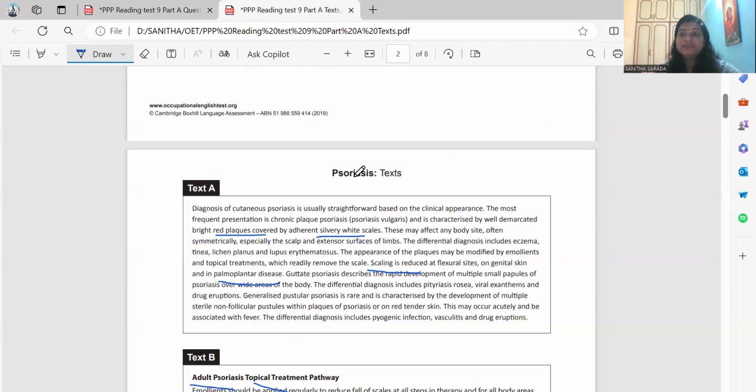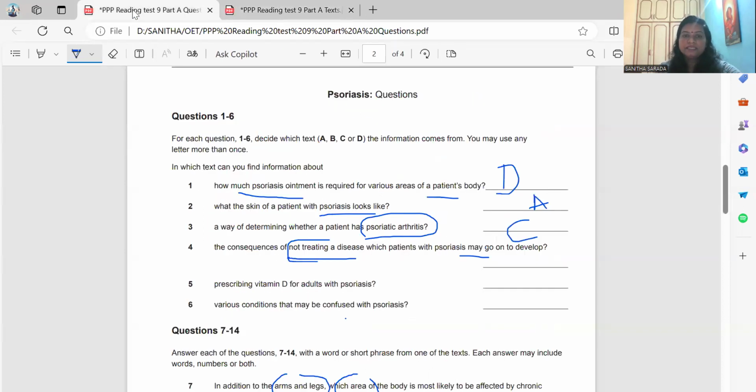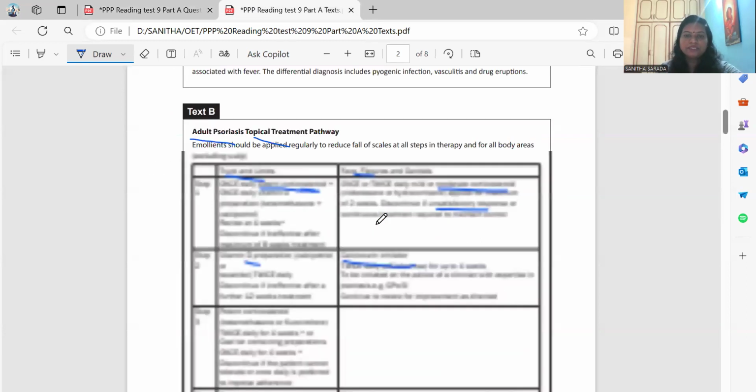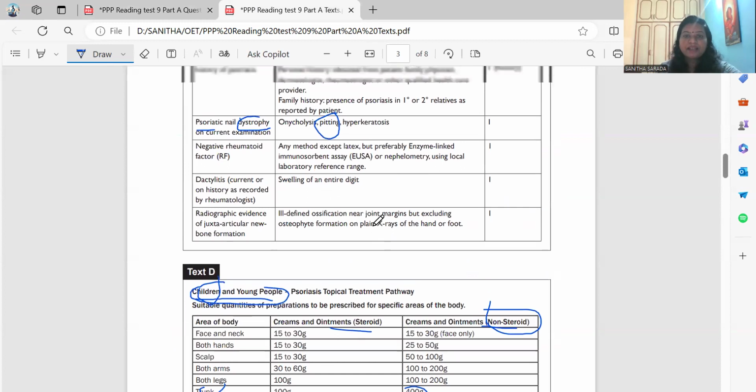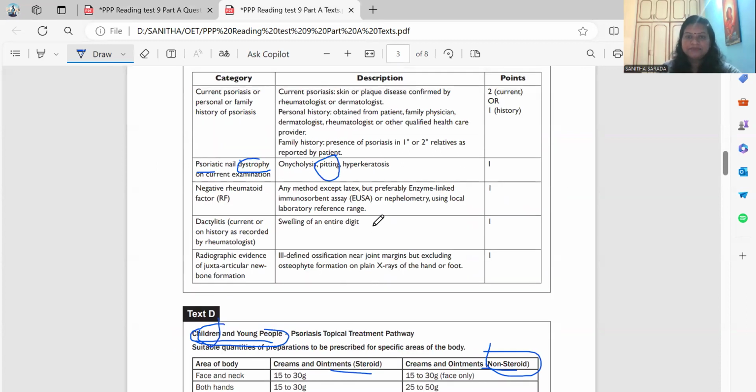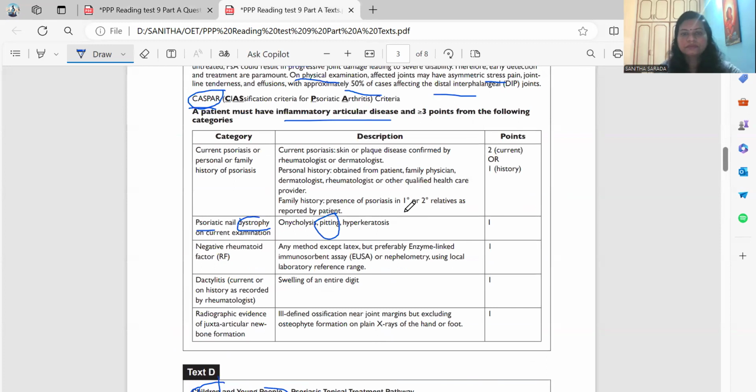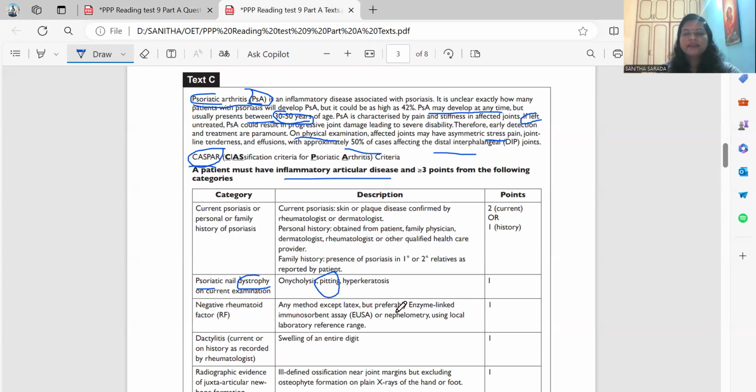If the keyword is not there, you can go to another section. The consequence of not treating the disease. Where is the answer? Okay, the answer is in part C.